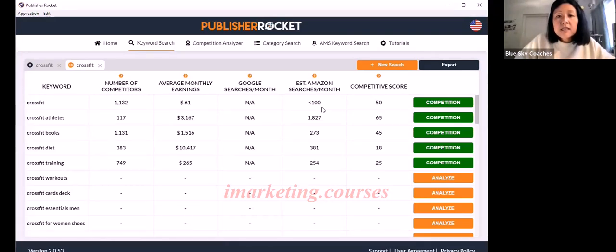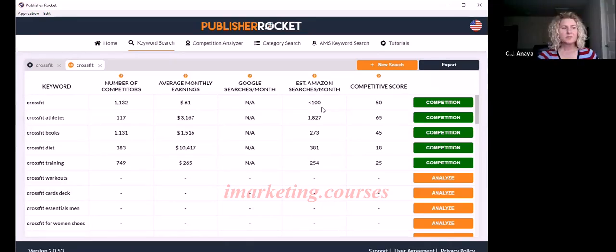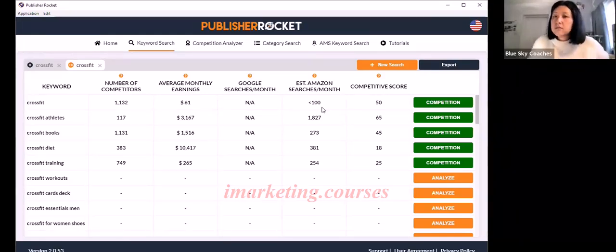Can you please tell me what is ABSR? I joined late. Okay, so the average bestseller ranking. It's basically what they're ranked within either the Kindle store or the bookstore. Remember, you want to be as close to 1 as you can.